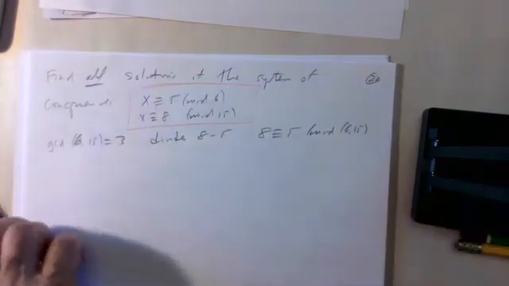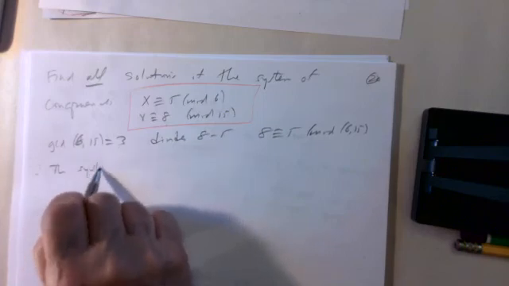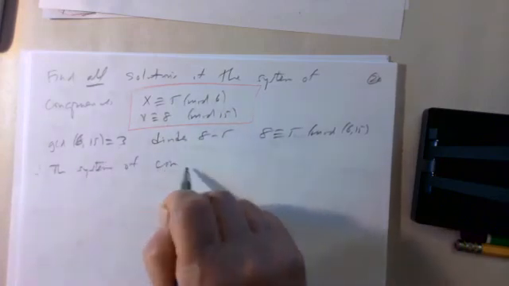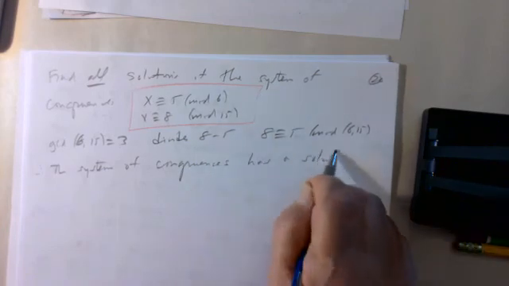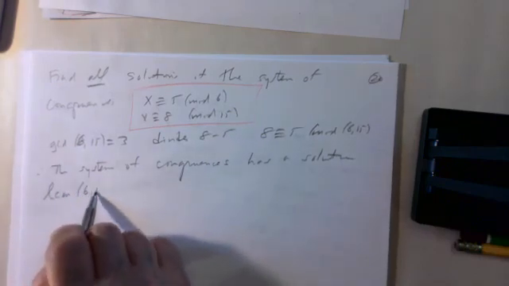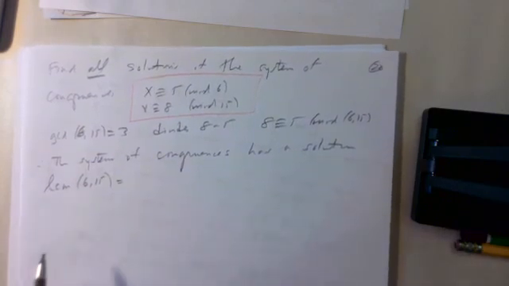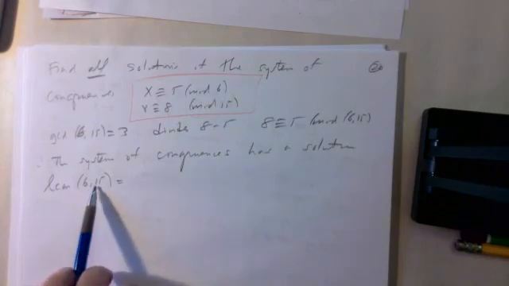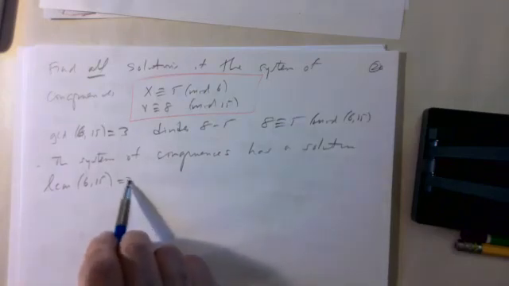Therefore, the system of congruences has a solution. What's the least common multiple of 6 and 15? Well, let's see. Someone should be able to tell me that. What's the smallest integer divisible by both 6 and 15? 30. 30.